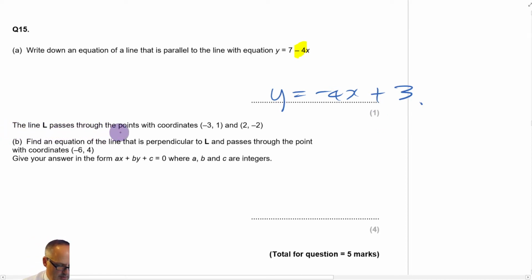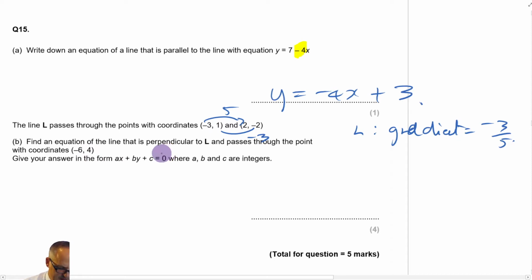The line L passes through these points. Find the equation of a line that is perpendicular to L and passes through these points. So we're going to find the gradient of L. The change in x is 5, the change in y is -3, so the gradient is -3 over 5.